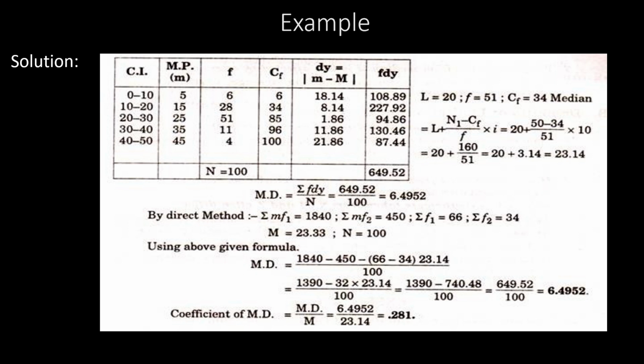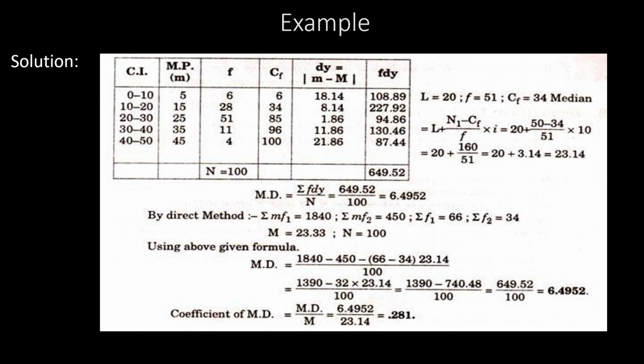After getting the cumulative frequencies column, to find the median, as we discussed in earlier videos, the formula is L plus (n/2 minus cumulative frequency) divided by frequency, into class width. Here n/2 is denoted as n1. So L plus (n1 minus the cumulative frequency value) divided by frequency into class width.